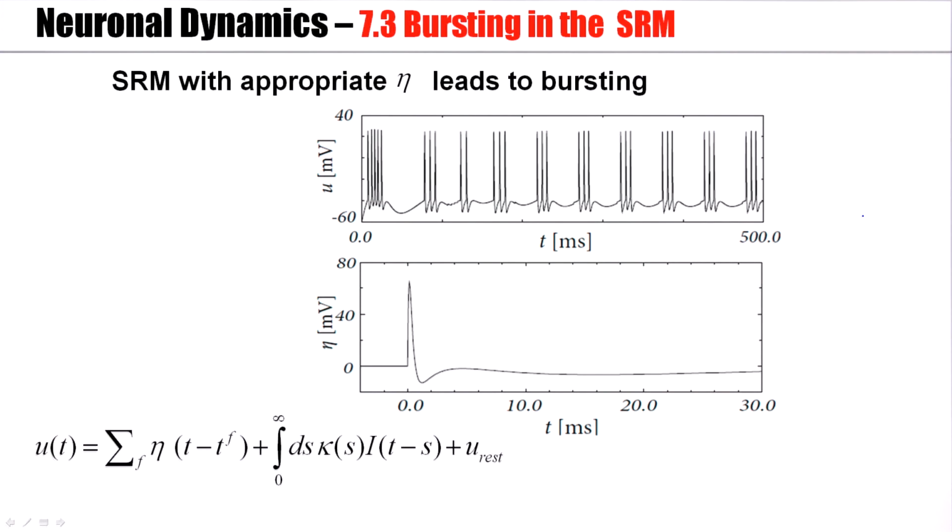Suppose I take such a model and I take a kernel eta, the spike and refractoriness kernel, which has first the spike, then it has a downswing, important for refractoriness, and then it has a second bump and a much longer second downswing.